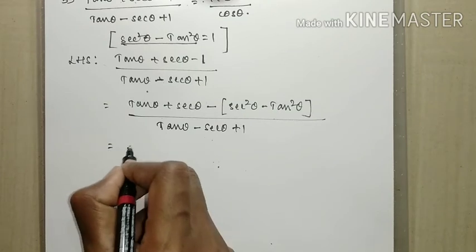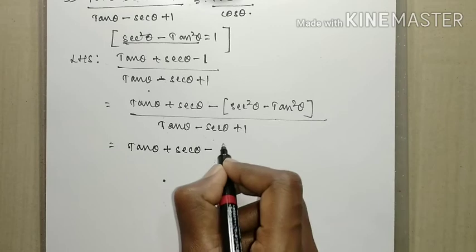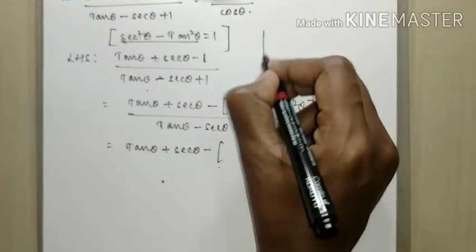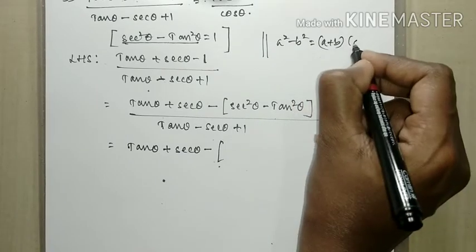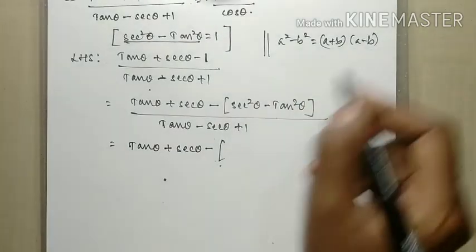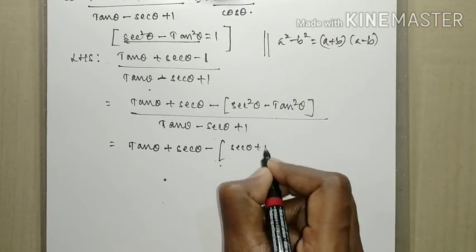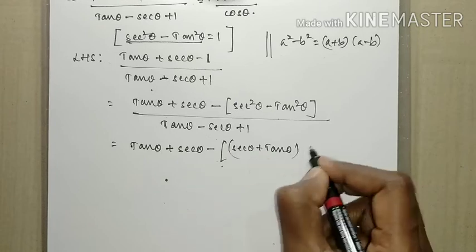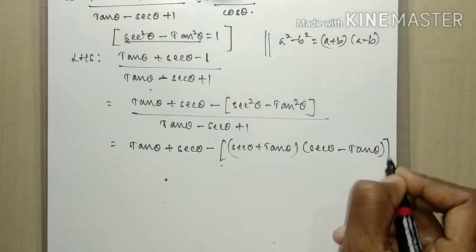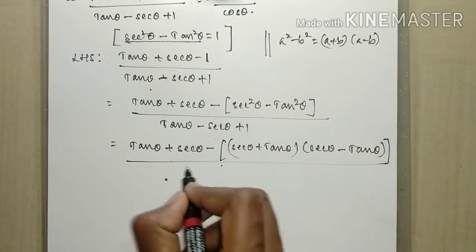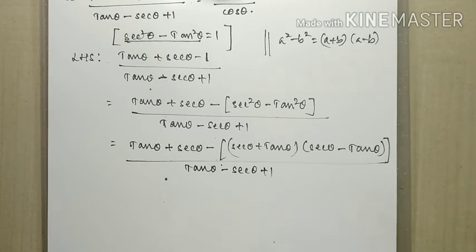Now this is a square minus b square form, that is a plus b into a minus b. So let me use this in this form, that is secant theta plus tan theta into secant theta minus tan theta, whole divided by tan theta minus secant theta plus 1.